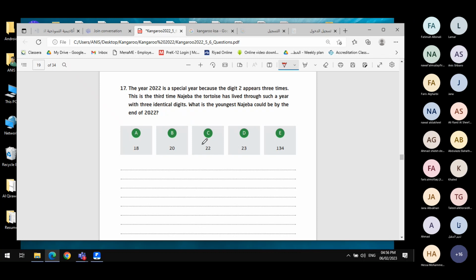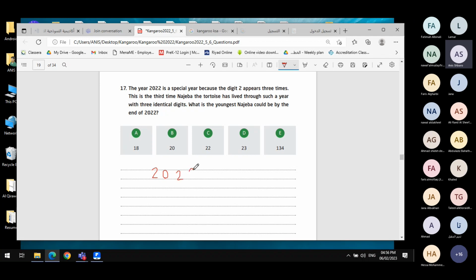The idea is that Najba has lived through such a year with 3 identical digits. Okay. So now we need to find what her age is, right? You must first find the years with three identical digits.